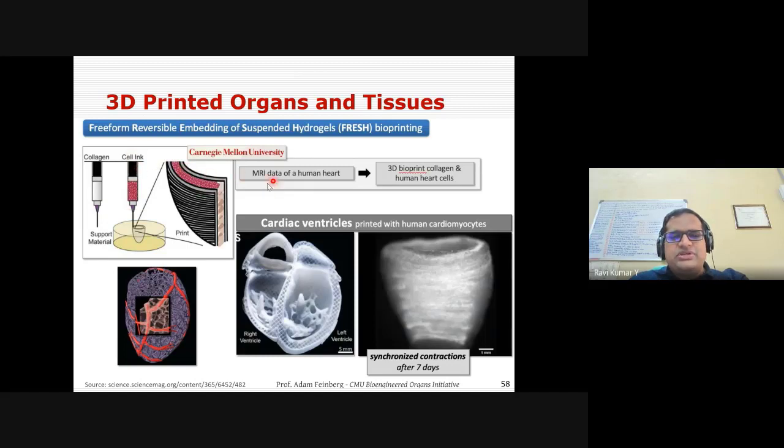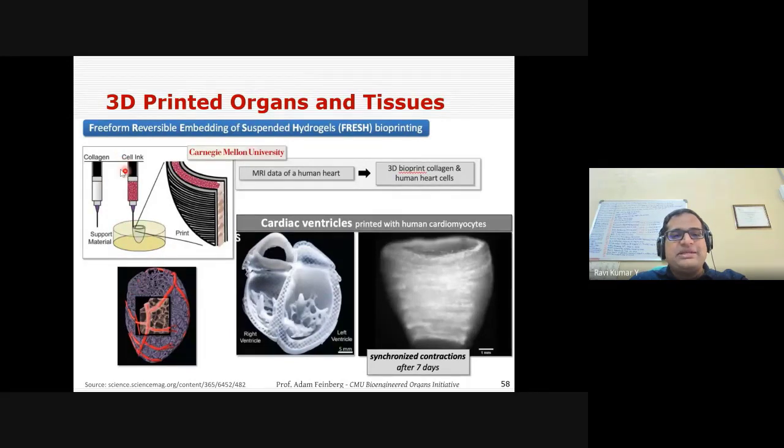Again, you need to start with the MRI scan data of a human heart, and bioinks, collagens or human heart cells should be taken. Why? Because in organ printing, we need to take the living cells of the same patient.